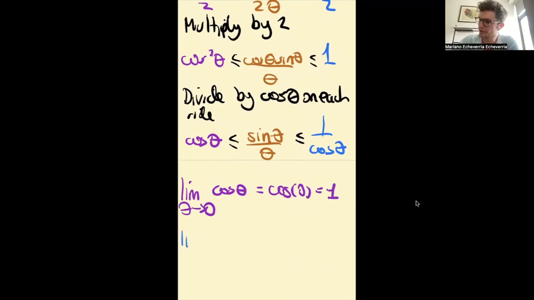And then what is the limit as theta goes to zero of one over cosine of theta? Oh, it's one over cosine of zero, and that's just one.